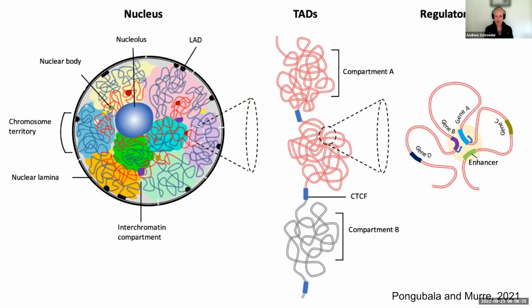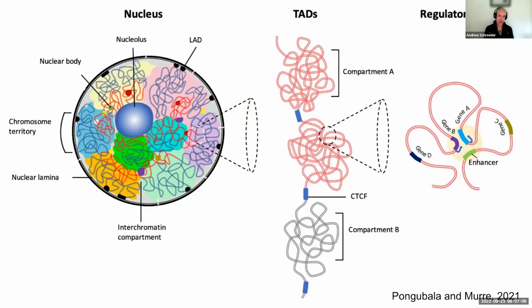And then if you zoom in a bit and look at the chromatin, you can broadly categorize it into compartments, the A compartment being characterized by mostly active chromatin, where you're getting gene expression, and the B compartment, which is inactive regions, also known as heterochromatin primarily. And then further zooming in, you get to the level of regulatory loops where you have your gene and enhancer interactions, and these can change the regulation of gene expression.